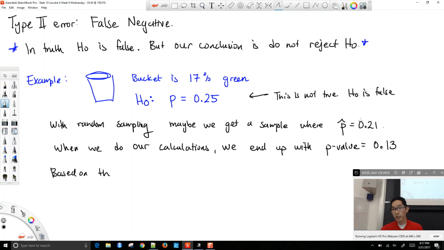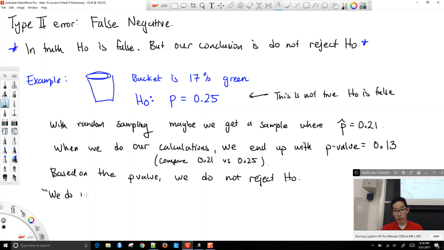So we ask how different 21% is from 25%. Well, the p-value for that is 13%. Based on the p-value, we do not reject the null hypothesis, and we say we do not have evidence that the proportion is different from 25%.